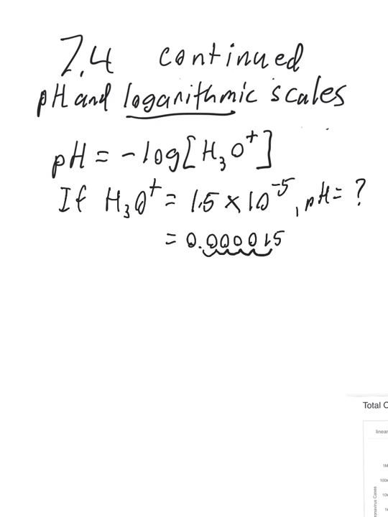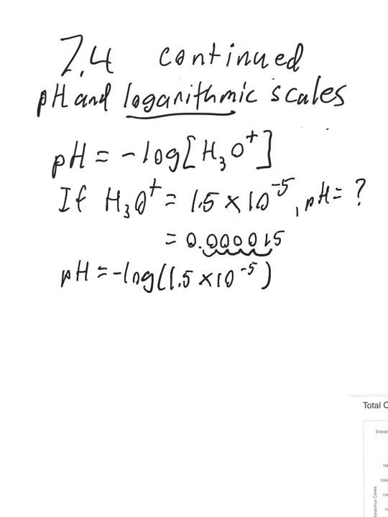So how do we do the pH? The pH of this is just minus log 1.5 times 10 to the minus 5. Now you can certainly just plug this right into your calculator using your base 10 logarithm. Just minus log of 1.5 times 10 to the minus fifth, or type it in with all the decimals if you want.